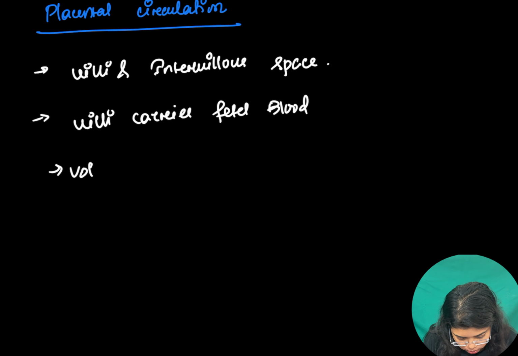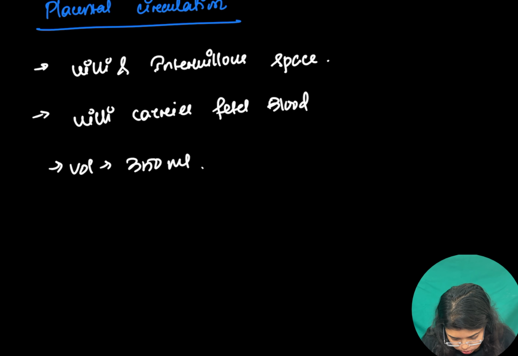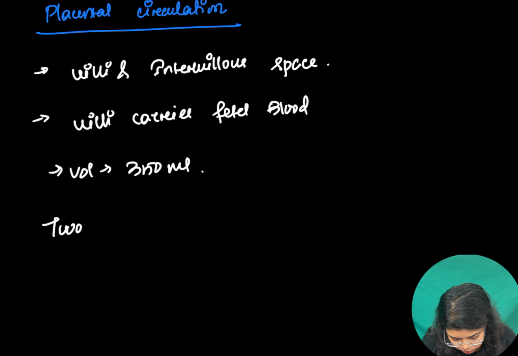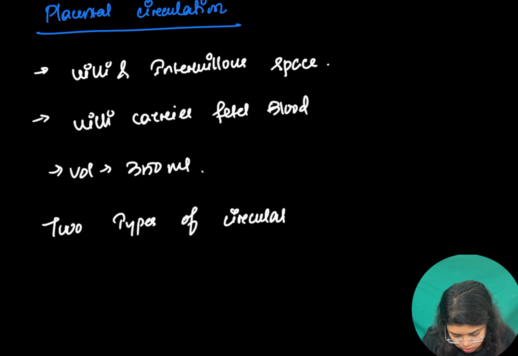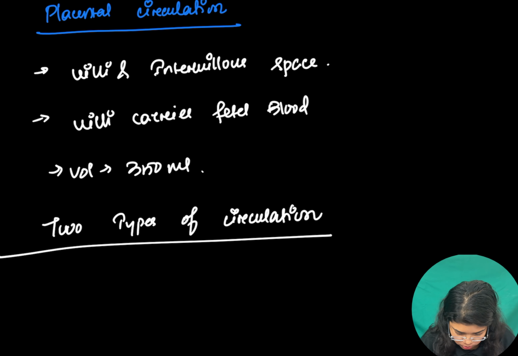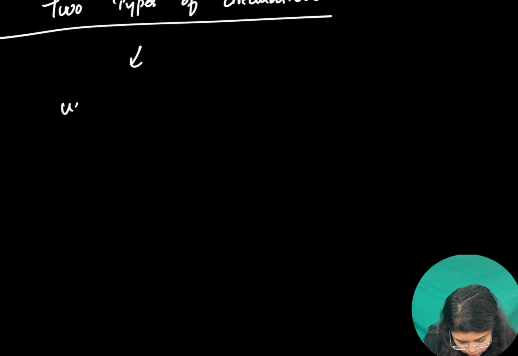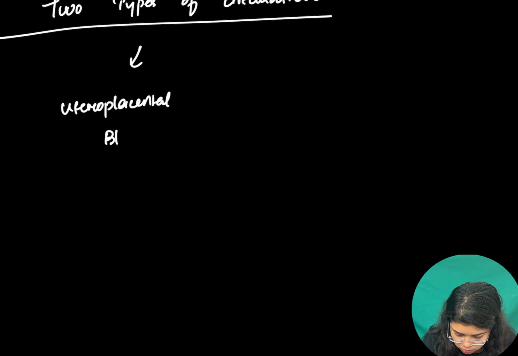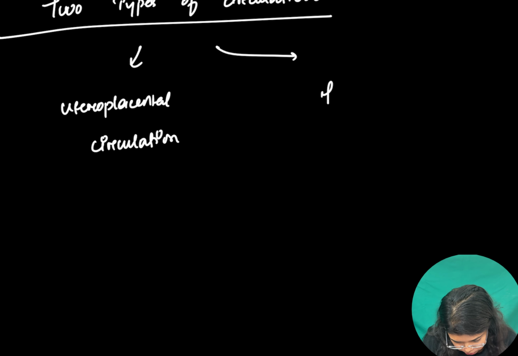And what is the volume? It is 350 ml. Okay, then there are two types of circulation. One is uteroplacental circulation, and the other is fetoplacental circulation.